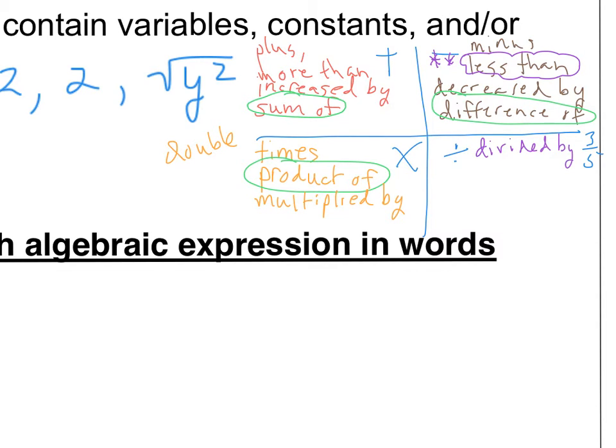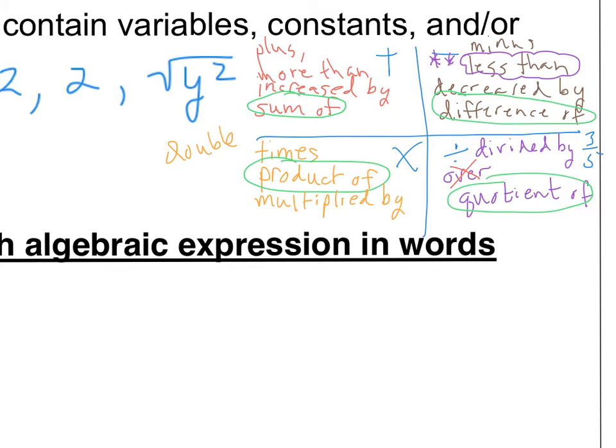A lot of you want to say 3 over 5, and I catch myself saying that a lot too, but you're not allowed to say that, so you're going to cross that one out, that you can't use 3 over 5 because that's not an appropriate translation for division. There's not a whole lot for division, so divided by, along the lines of sum of, difference of, product of, we would have quotient of. And again, I'm going to talk about how to use those 4 phrases in just a minute.